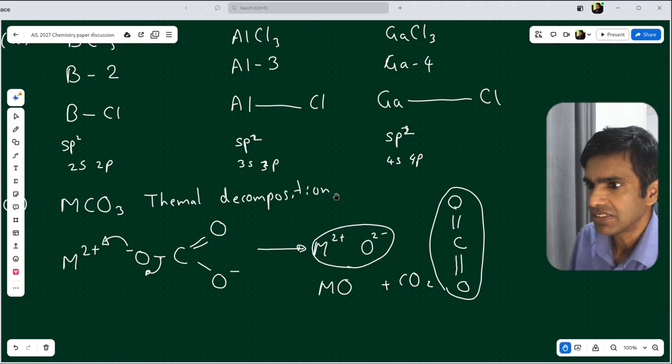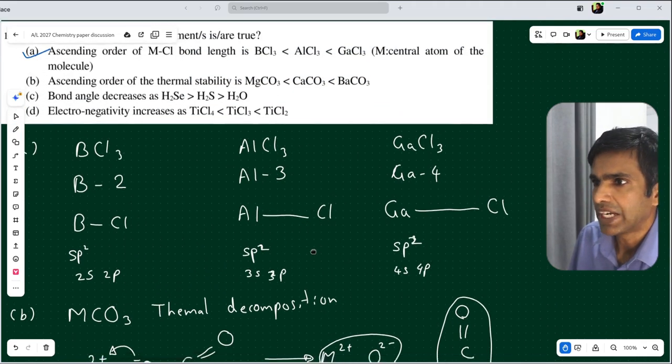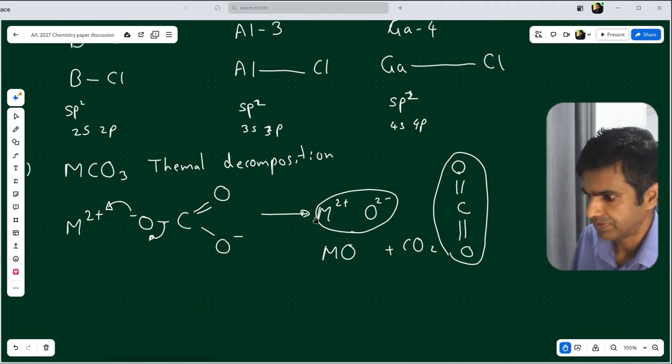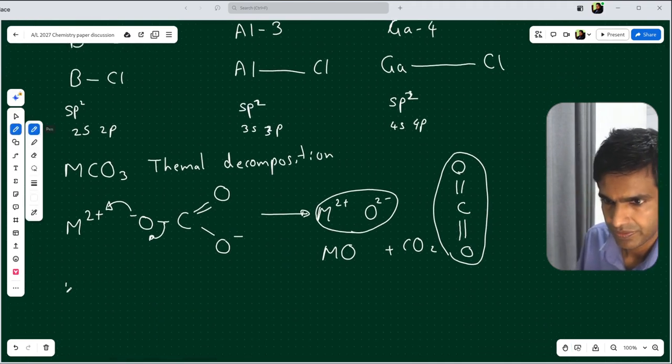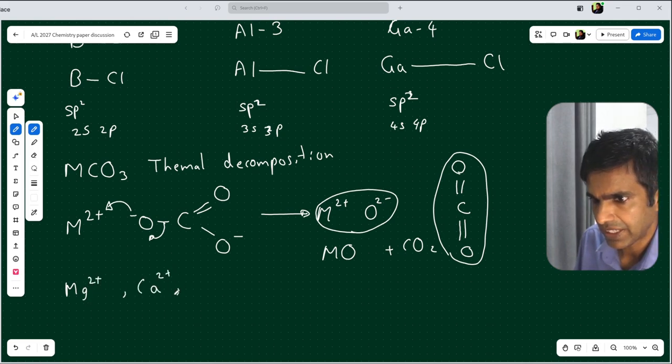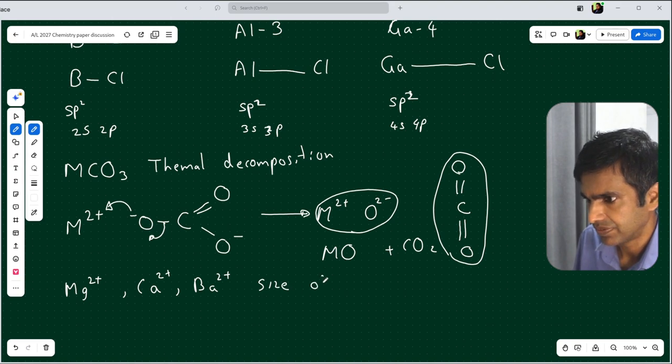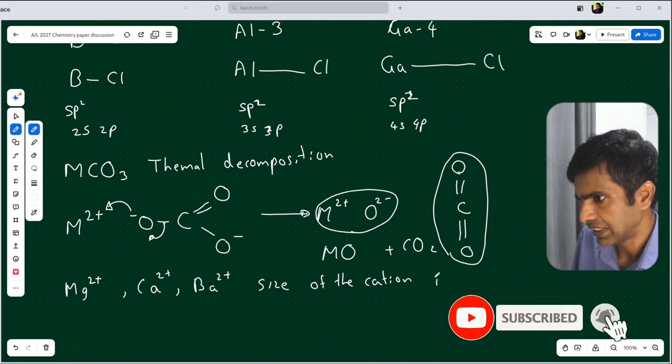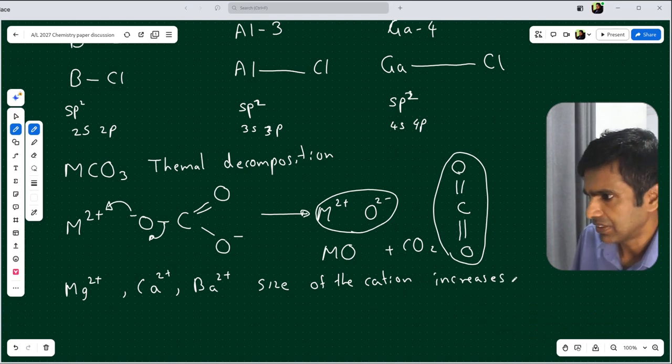So what are the cations? Magnesium, calcium and barium. Magnesium cation, calcium cation, barium cation. So in this order, the size of the cation increases. What happens when the size of the cation increases?